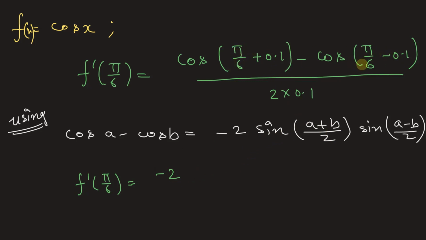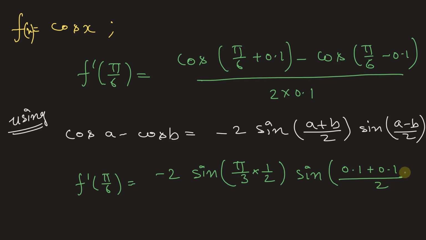So pi by 6 plus pi by 6 is pi by 3. So sin pi by 3, and 0.1 minus 0.1, that will be 0 into 1 by 2 into sin of pi by 6 plus 0.1 minus pi by 6 minus 0.1. So pi by 6 will get cancelled out and we will get 0.1 plus 0.1 whole divided by 2, and this function is divided by 2h, that is 2 into 0.1.